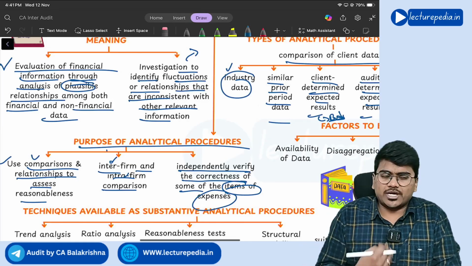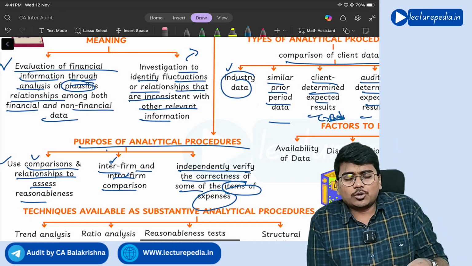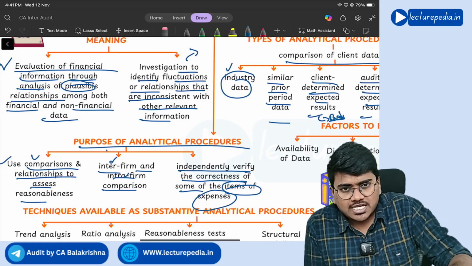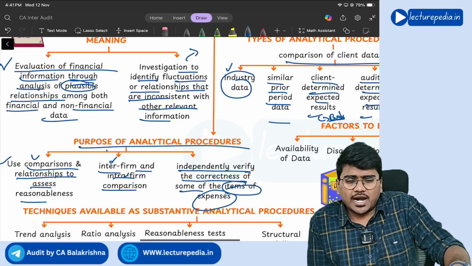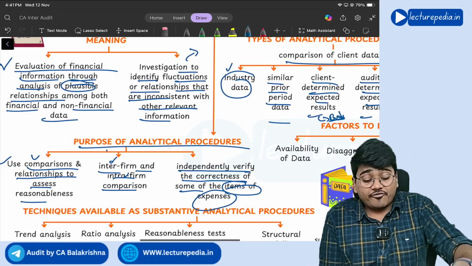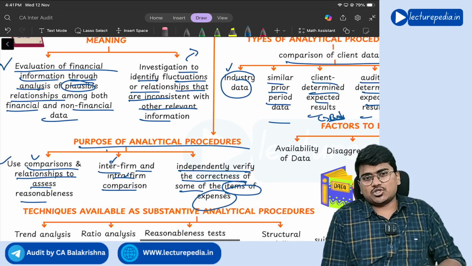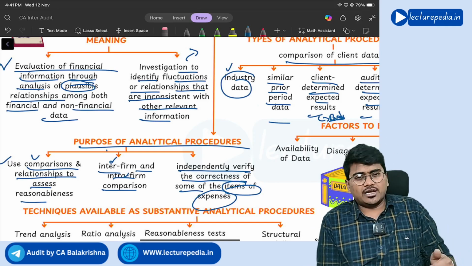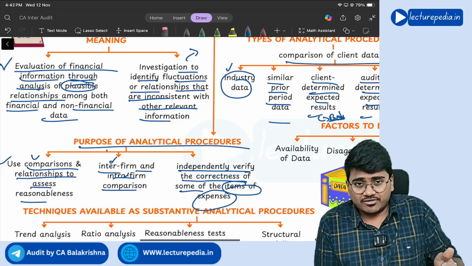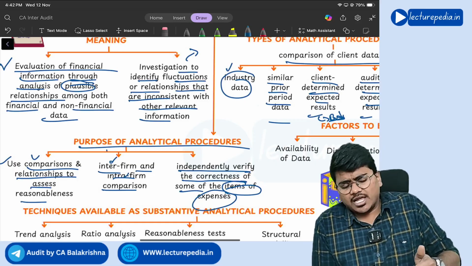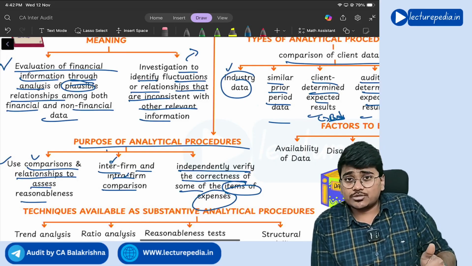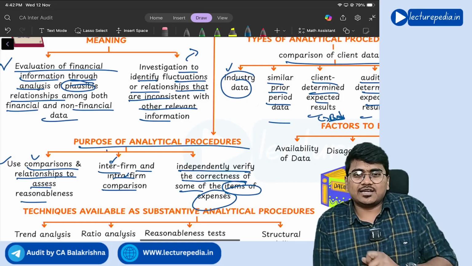Just like I have explained about how to perform analytical procedure on salaries, you can also perform analytical procedure on various expenditure items of the P&L. You can perform analytical procedure on rent, on electricity, on purchases, like this. On almost all the P&L items you can perform analytical procedures.